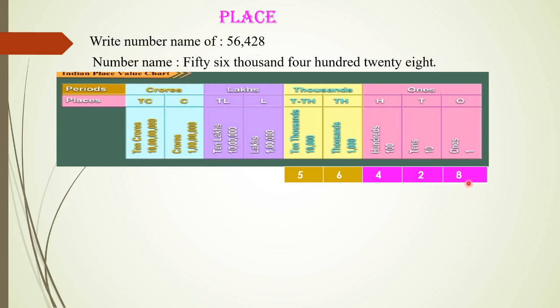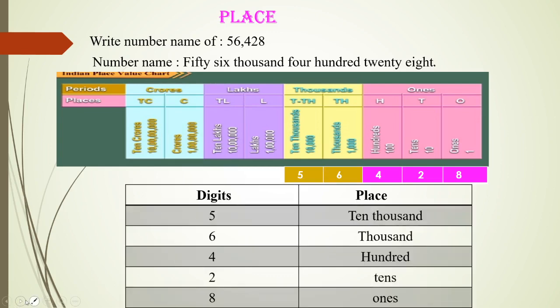I have divided the number into its places. 8 is at 1's position, 2 is at 10's position, 4 is at 100 position, 6 at 1000 position, and 5 at 10,000 position. Now how do we find the places of this number? Look at this chart, you will understand how we can find places of the given digits in the given number.